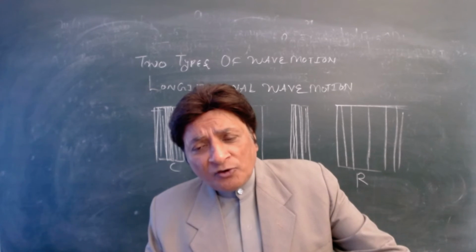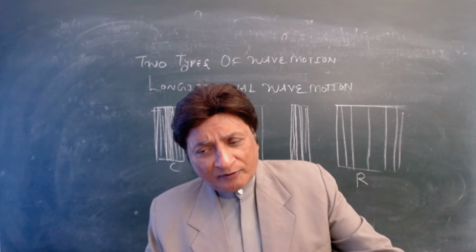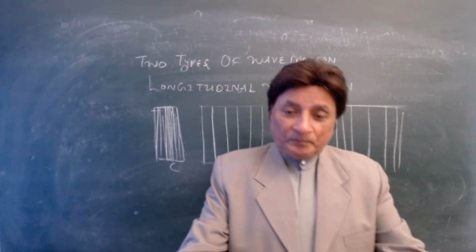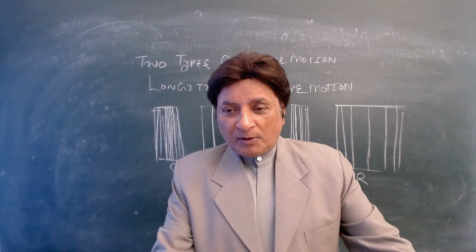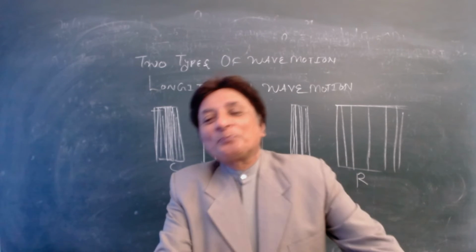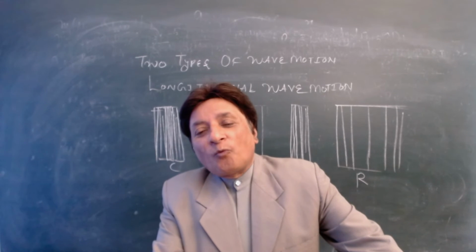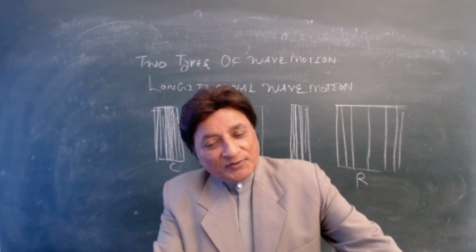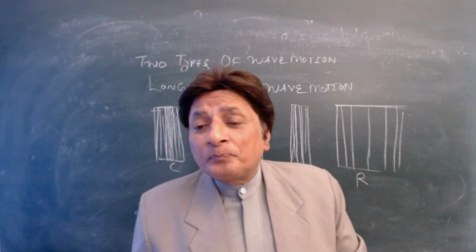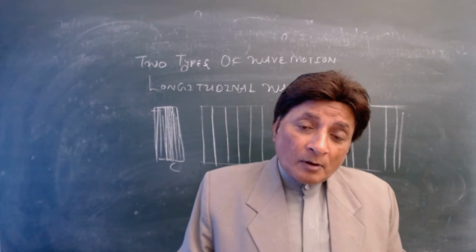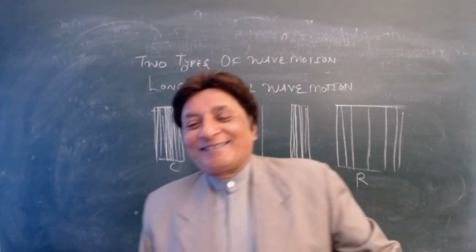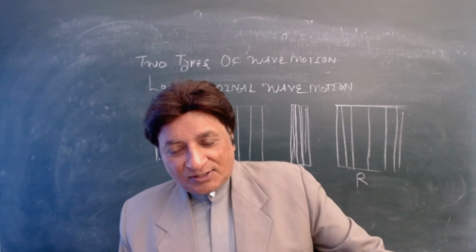The state of compression increases the density of the medium. Now you will ask, sir, how is there a density of the medium? Volume decreases, mass remains the same, and mass per unit volume is density. And in rarefaction, volume increases, mass remains the same, so density decreases. Temperature also rises in compression, and in rarefaction temperature decreases.